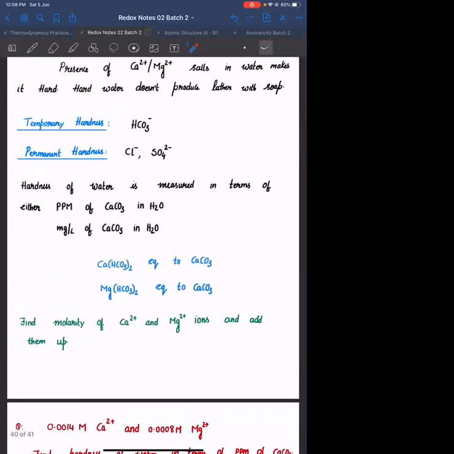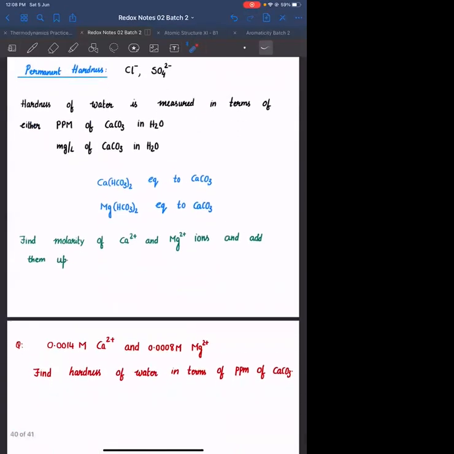So system के अंदर if you are having calcium bicarbonate and magnesium bicarbonate, just simply find molarity of Ca2+ and molarity of Mg2+ and add them up, because both of them are converting into equivalent amounts of CaCO3, then try to calculate the ppm. Is this clear? एक क्वेश्चन करते हैं.